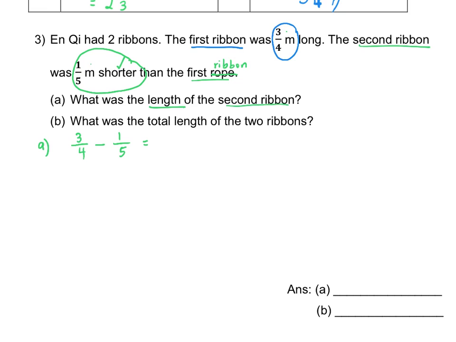So whenever we add or subtract fractions, the denominator must be the same. So look at 4 and 5. How do I make the denominator the same? I list out the multiples.